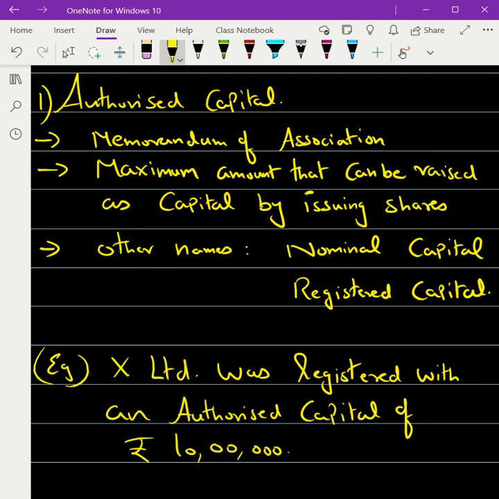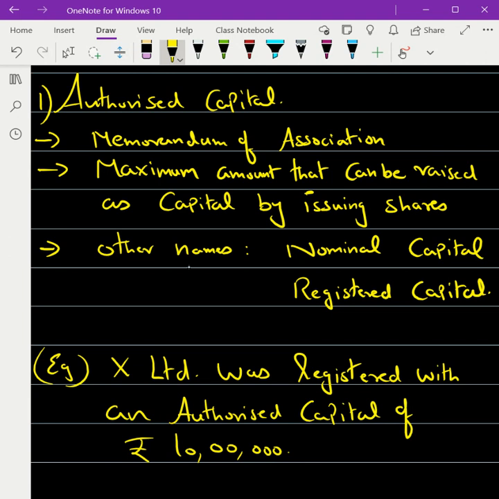That means the amount with which they are going to start the business, or the maximum amount of capital in that company, is 10 lakhs, not more than that. Based on this value, they decide the number of shares they have to bring to the market so that the shares get subscribed and they get the required capital.